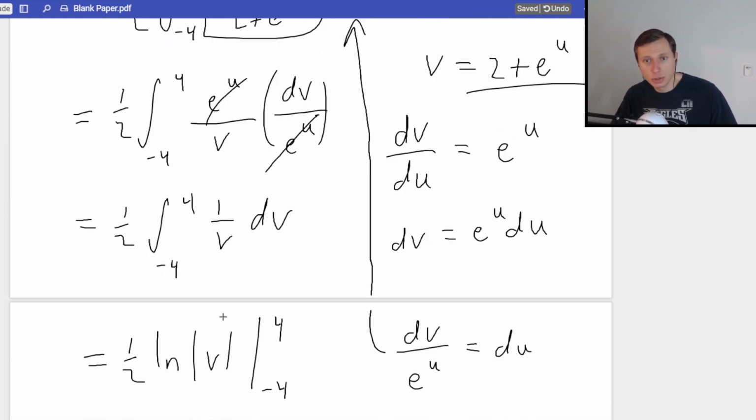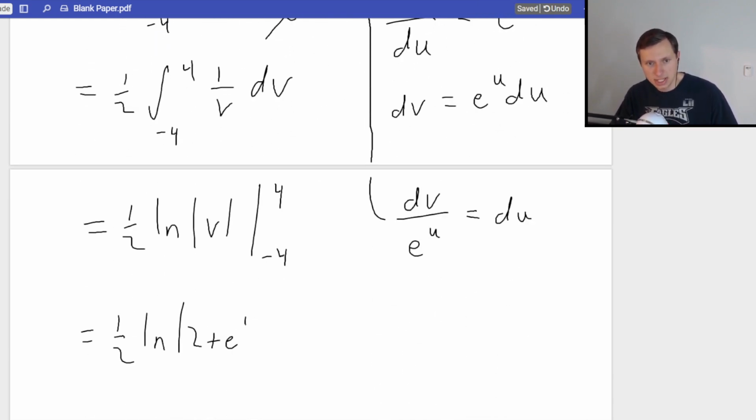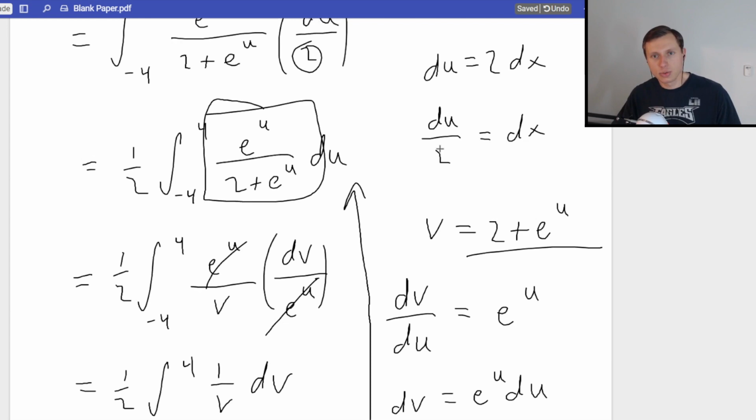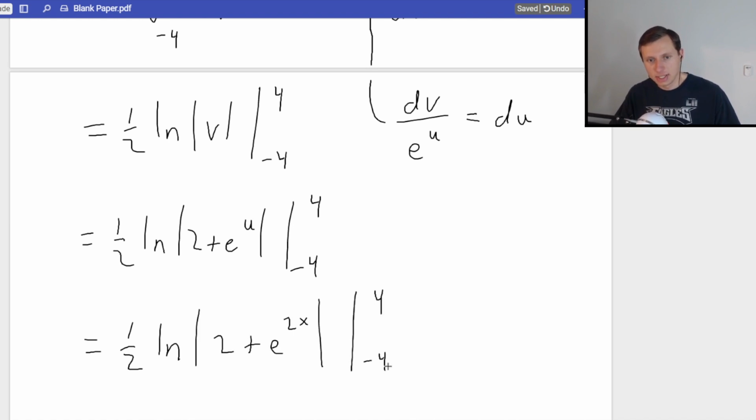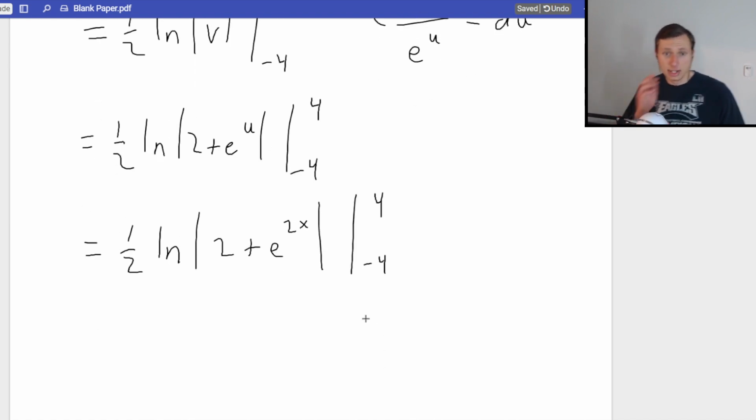V was equal to 2 plus e to the u. So 2 plus e to the u evaluated from 4 to -4. And again, I need to plug in for x as well. X was, we said, 2x. So 1/2 natural log absolute value of 2 plus e to the 2x power, close absolute value sign, evaluated from 4 to -4. This is just a monster of a problem.